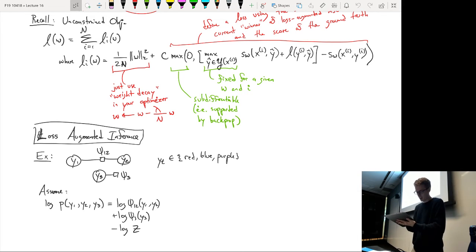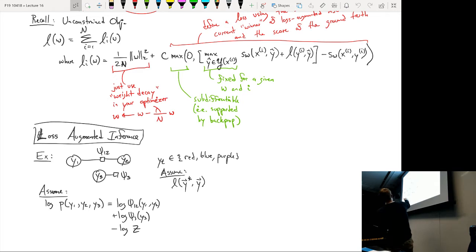And then our second assumption is that our loss function, which is some L of the vector y star, which is all three y1, y2, y3 variables, and the vector that we're predicting. And so this y star is the ground truth here.